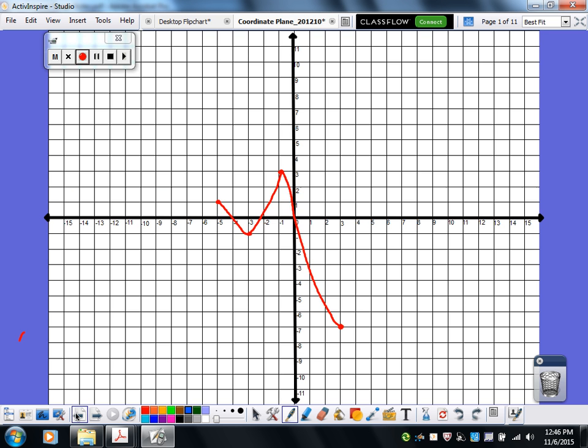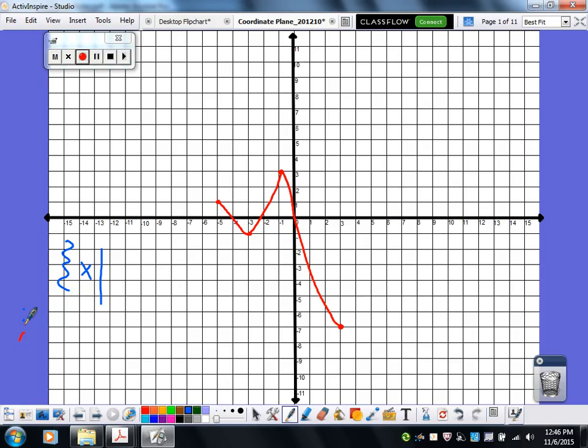So they developed a way to report what the domain is without having to list all of the numbers. Here's what they figured out. They said, instead of listing all the numbers, we're just going to say the domain is from here to here, and all the numbers in between. So here's what that looks like. The domain for this guy, you do a fancy bracket, x, and then a bar, and then here we go.